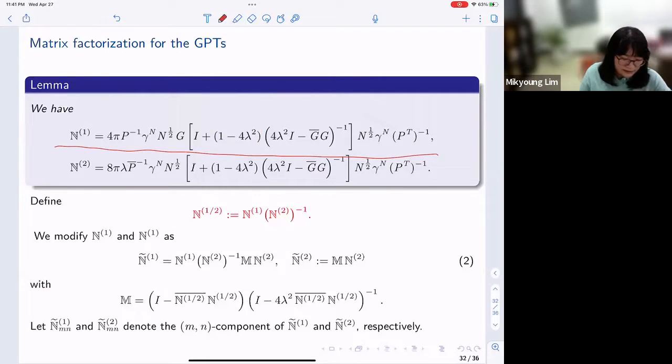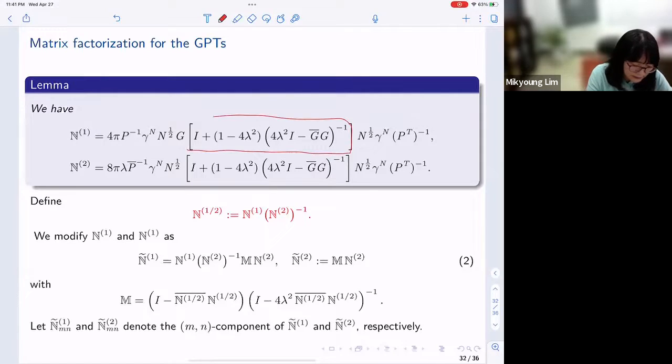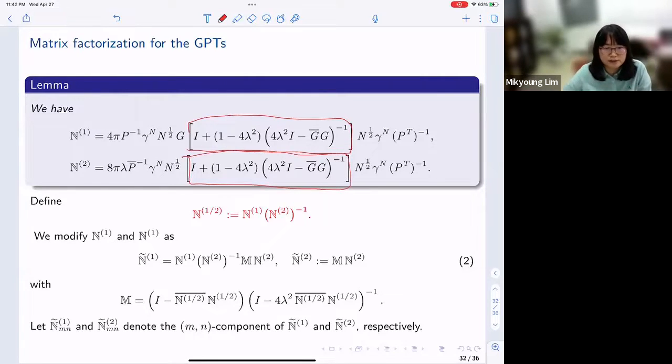Then we got an idea: the GPT of the first type and the GPT of the second type have expressions with different matrix factorizations, but with the same factor that involves lambda.